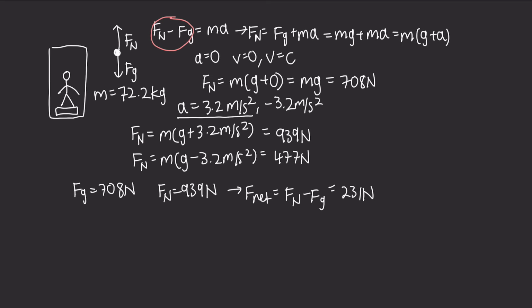However, in the frame of the elevator, the passenger's acceleration, let's call it a passenger relative to the cab, is equal to 0 because they're accelerating at the same rate. So in the non-inertial frame, the net force on the passenger is not equal to m times the acceleration of the passenger relative to the cab. And Newton's second law does not hold, which again tells us that Newton's second law only holds for inertial frames.